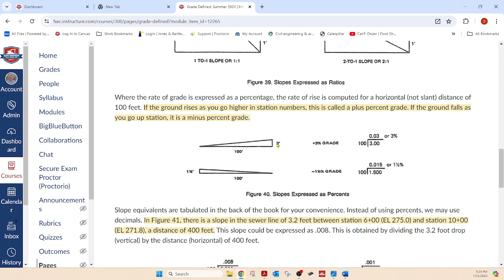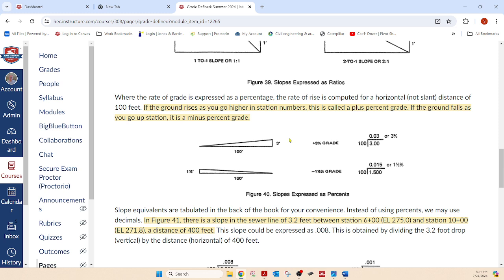That's where they get the vertical. Now, if you have the vertical and you know that the length needs to be 100 feet, but you don't know the percent grade, you would take this 3 feet and divide it by 100.